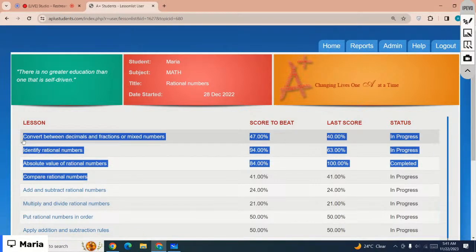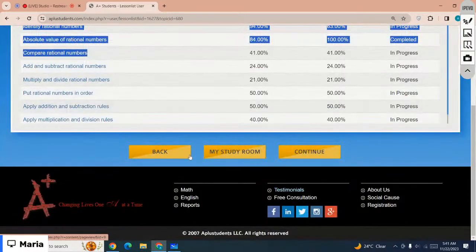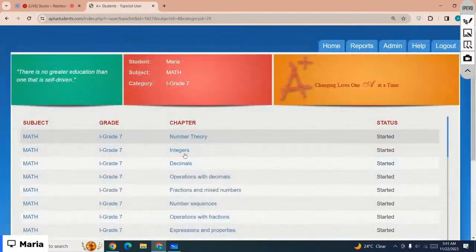The lessons we have covered today are convert between decimals and fractions or mixed numbers, identify rational numbers, absolute values of rational numbers, and compare rational numbers, right? So please make sure before the next session you complete all the practice questions for the lessons we did today.